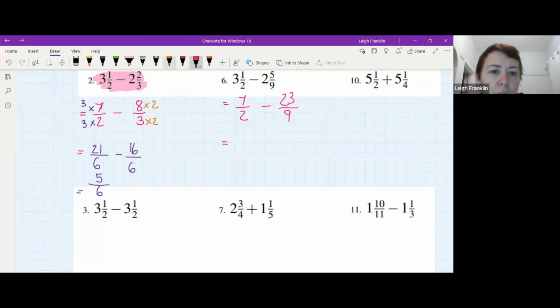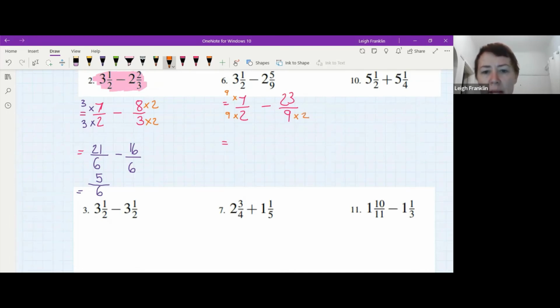Then I multiply 7 and 2 plus 9. Okay, so what am I going to multiply the 2 by? 9. Okay, and what am I going to multiply the 7 by? 9. Lovely. Okay, and then am I going to multiply the 9 by anything? 2. By 2.